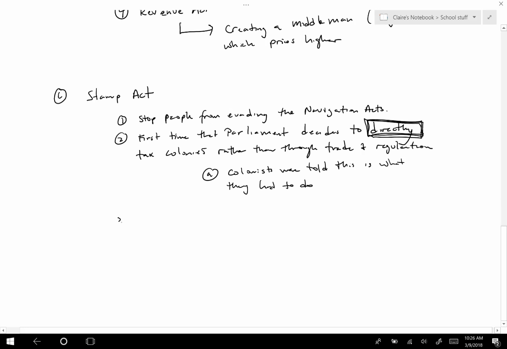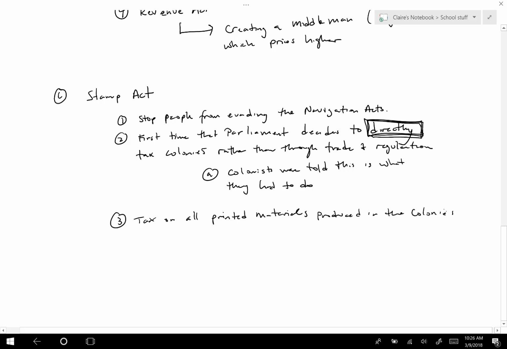It also angered them what it was. So the Stamp Act essentially was a tax on all printed materials, any printed materials produced in the colonies.